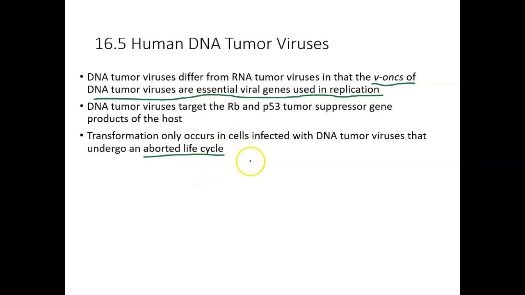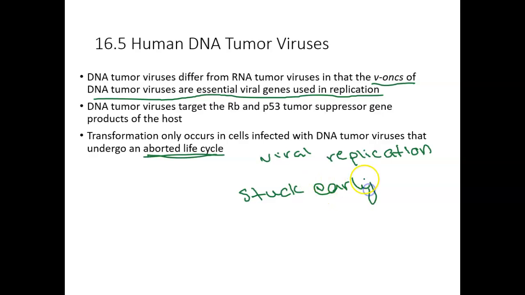So you've got a virus that's not actively producing the normal amount of viral progeny, or maybe not producing any viral progeny at all. You have an aborted or defective viral replication cycle, where the virus has gotten stuck early in its replication cycle.